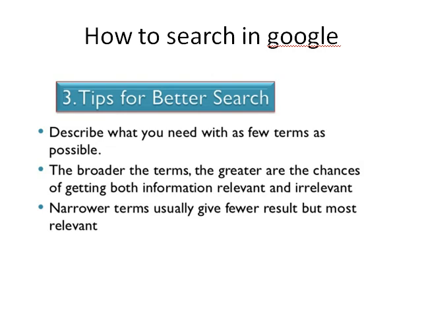These two terms describe the meaning of "as few terms as possible". If you use few terms, maybe you have fewer results but most relevant to your search and your mind. But if you use broader terms, you have greater results, but too many irrelevant results and some relevant results.